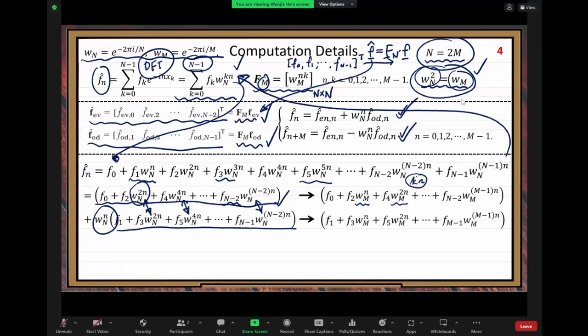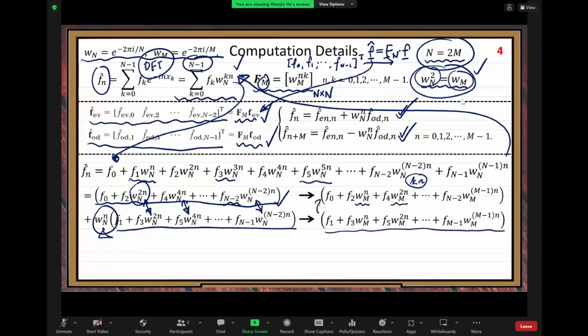Similarly, for the other terms, if we do not look at the W factor outside the parenthesis, inside the parenthesis we have a similar expression.